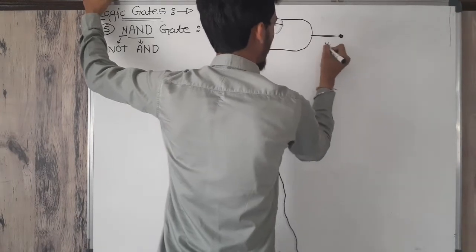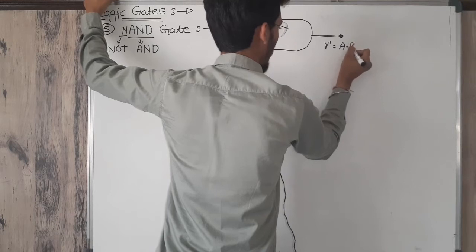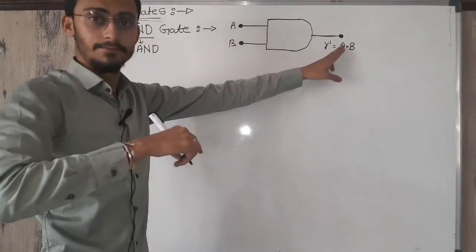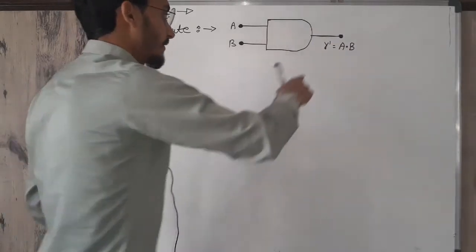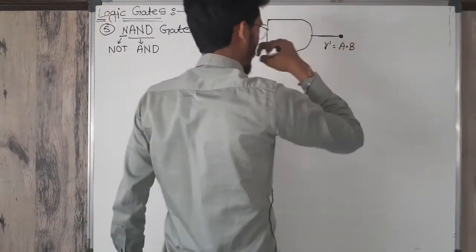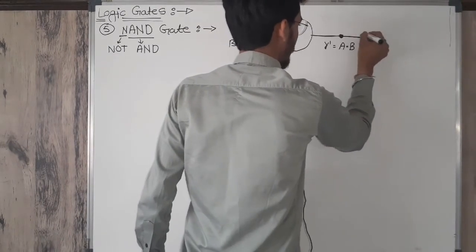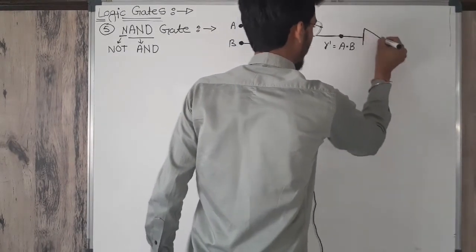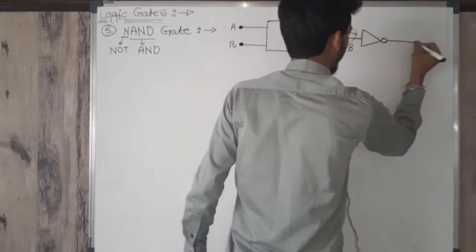What is the output? Y dash is equal to A dot B, the AND operation. In my previous video I already taught that Y is A dot B, and we combine another gate, that is a NOT, and it forms a NAND gate.